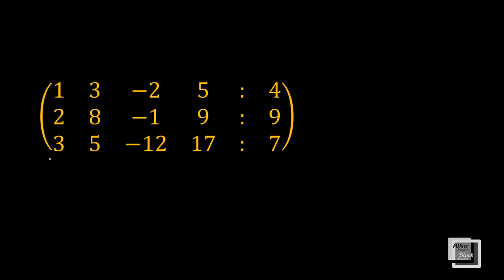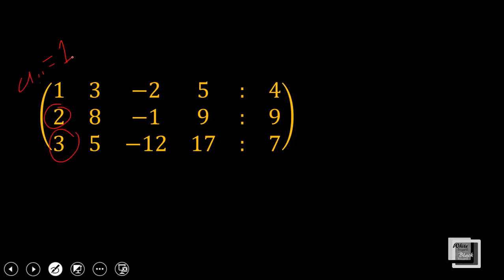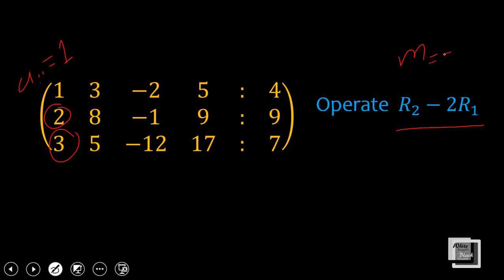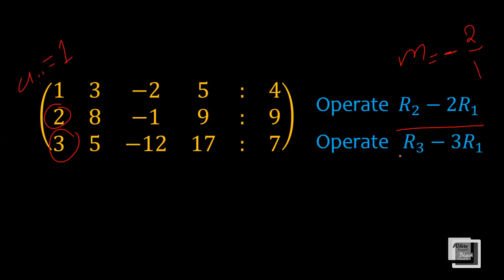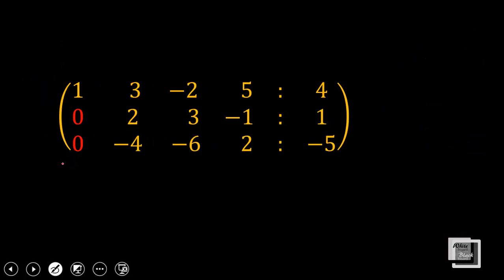Now to eliminate all the coefficients below the pivot element, in this case the pivot element is equal to 1, we shall operate by R2 minus 2R1, where the multiplier m is equal to minus 2 by 1. By operating R2 minus 2R1 to eliminate 2, and R3 minus 3R1 to eliminate 3, we will get this system of linear equations.